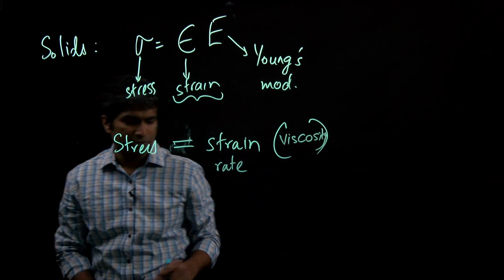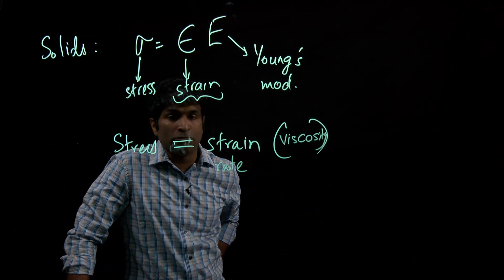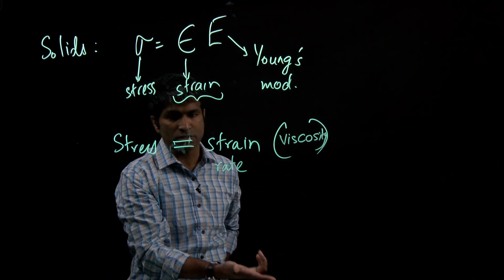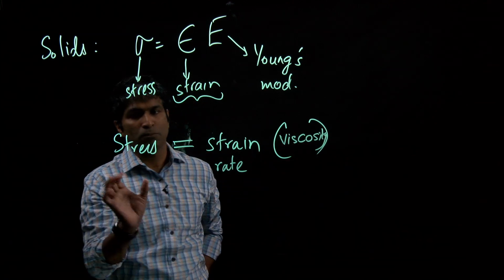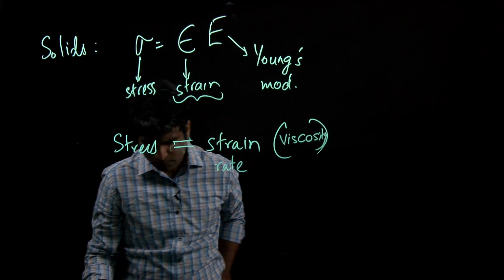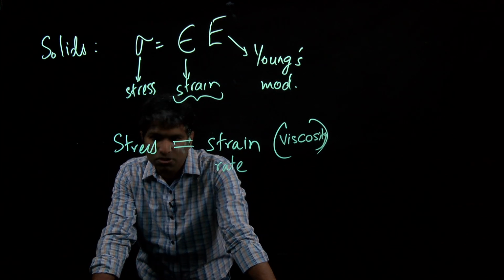So we have now a constitutive law for fluids where viscosity takes the role of Young's modulus in determining the proportionality of strain rate to applied stress. The next question is, how do you define stresses and strains?